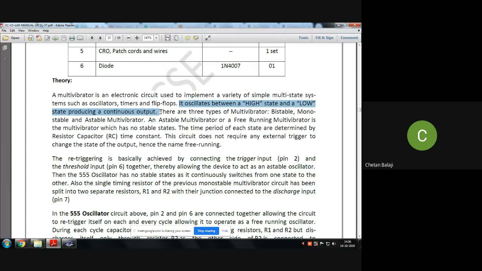Okay, now I'll explain this. High state and low state in the sense, high is nothing but logic 1, low is nothing but logic 0. The logic state keeps changing, 0, 1, 0, 1. I'll show you on the screen now.